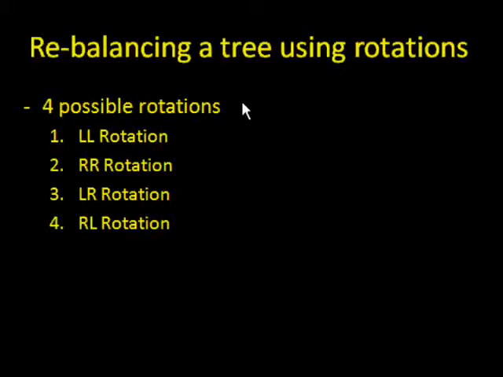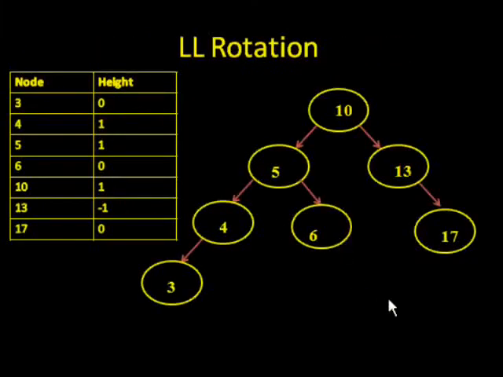Now, when you have to rebalance an AVL tree, like I said, there are 4 different possible rotations that you can do in order to balance it. There's something called a left-left rotation, a right-right rotation, a left-right rotation, or a right-left rotation. This is what a left-left rotation will look like.